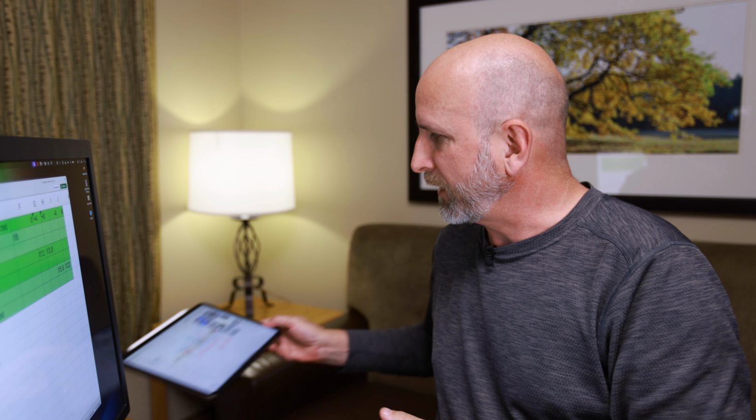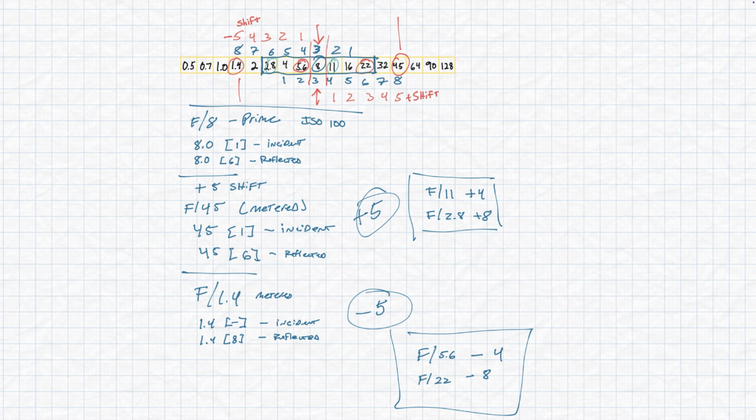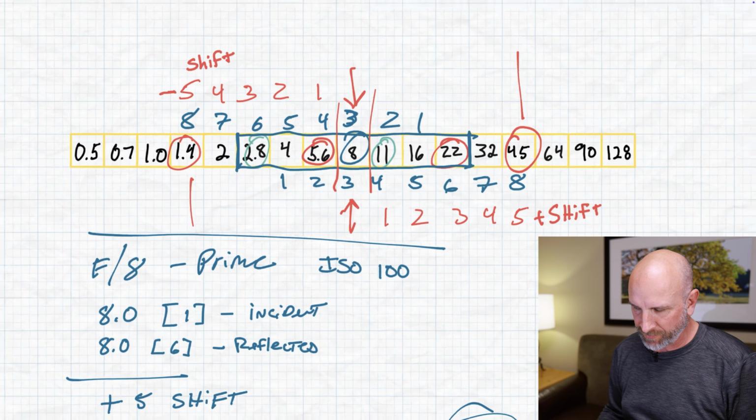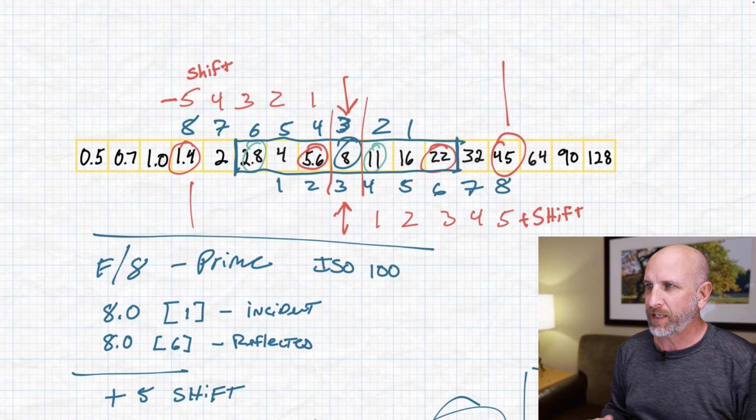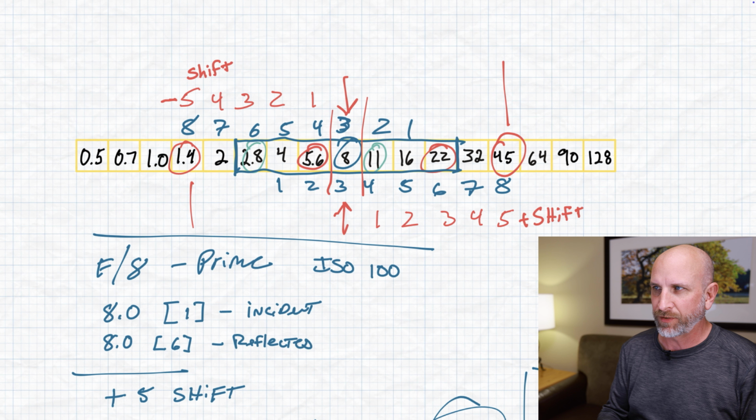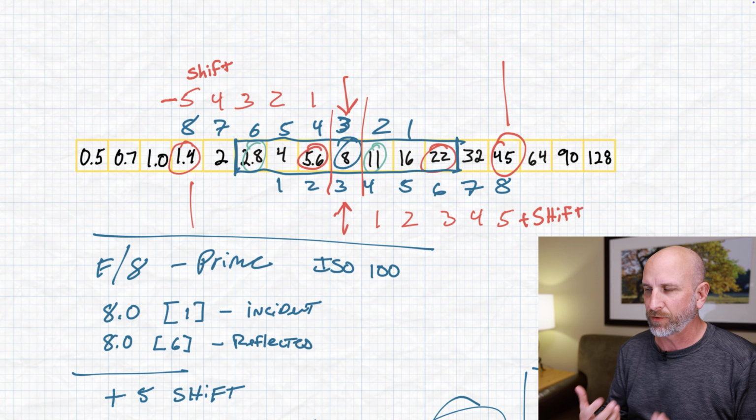So I think I even have on here, let me just see. I think I have my actual notes from when I did this. So I do have these notes that I made, and you can clearly see I'm working it out on my little chart. You can see that I'm counting up from 2.8 all the way up to 45 to see where I need to go to overexpose, and then counting down to get my F11 and F2.8 values for overexposure.